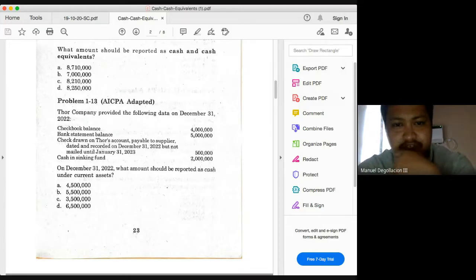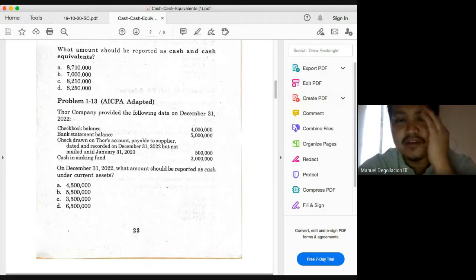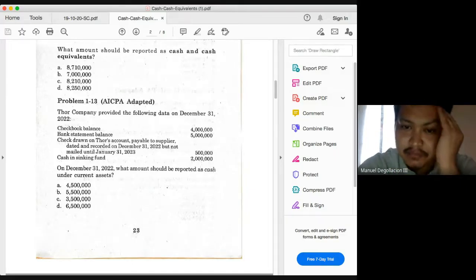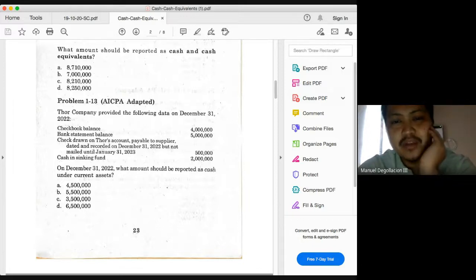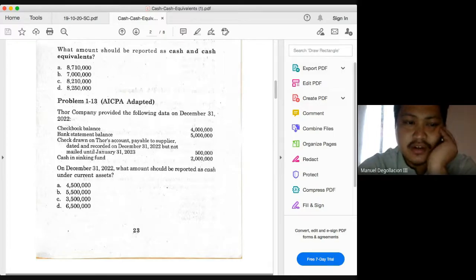Okay, we have here a check drawn on source account payable to supplier, dated and recorded on December 31, 2022, but not mailed until January 31, 2023. The records that are affected here, class, is obviously the entity's records and not the bank records.